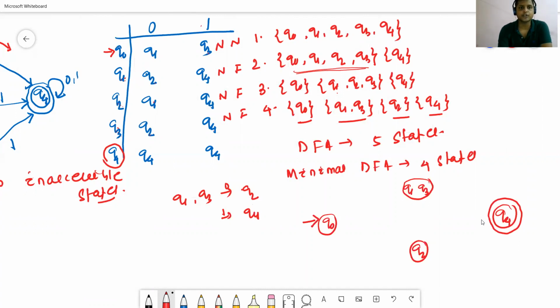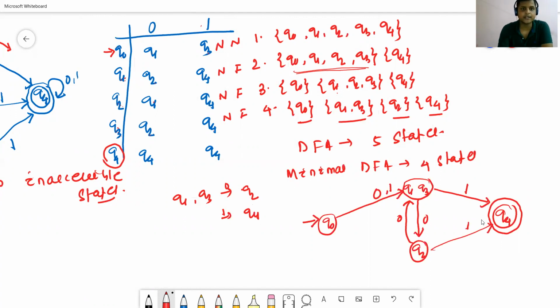Q0 reads 0 and goes to Q1. Q0 reads 1 and goes to Q3. Q1 reads 0 and goes to Q2. Q1 reads 1 and goes to Q4. Q2 reads 0 and goes to Q1. Q2 reads 1 and goes to Q4.